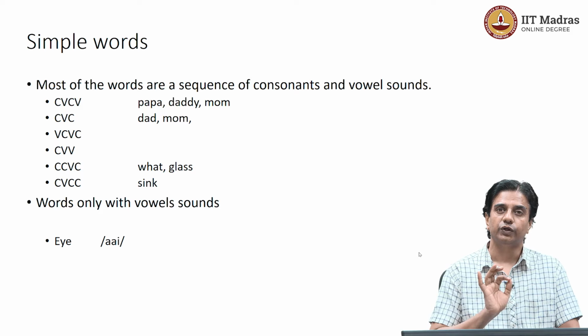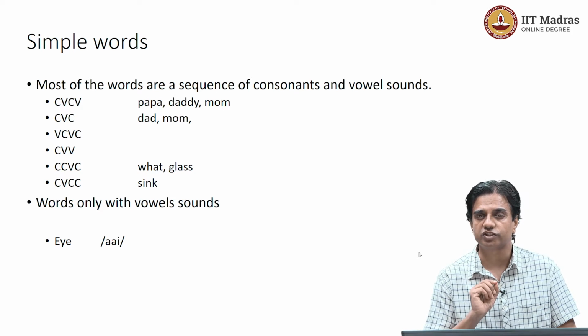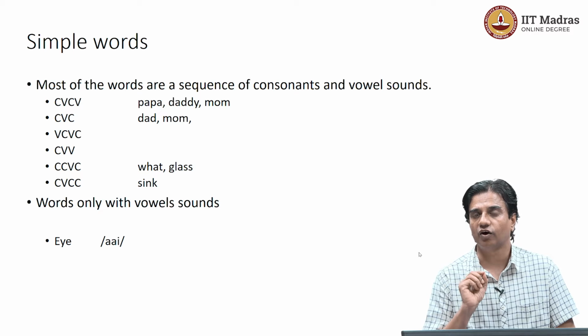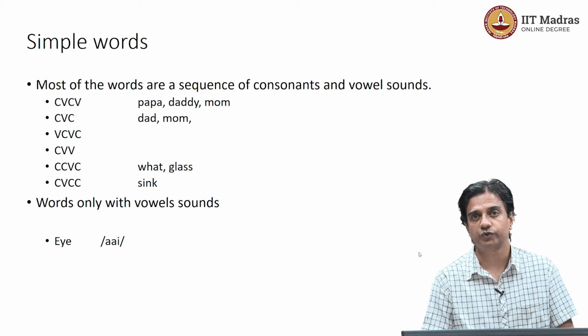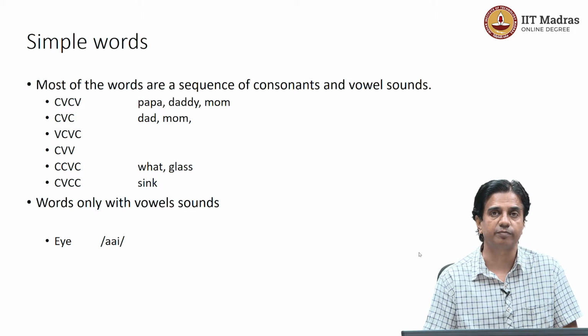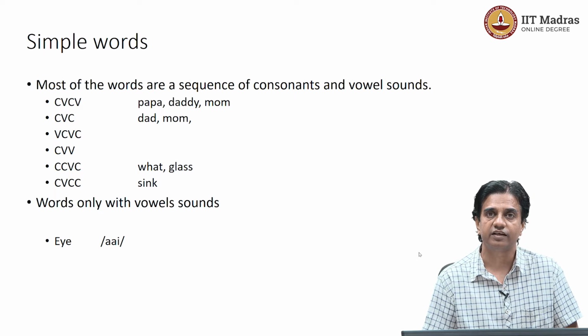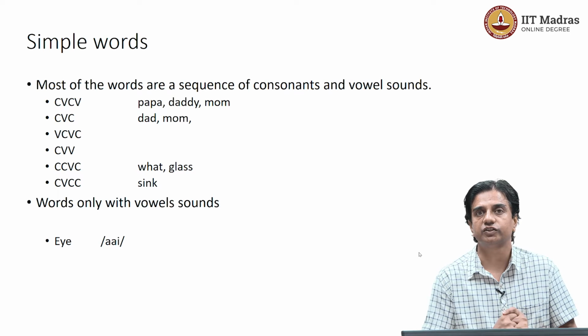So, two things: a word is not a random ordering of any set of sounds, number one. And number two, from our discussion on consonants and vowels, what I want you to keep in mind is every word must have a vowel sound in it. So, these are the two things that will make us understand words properly.